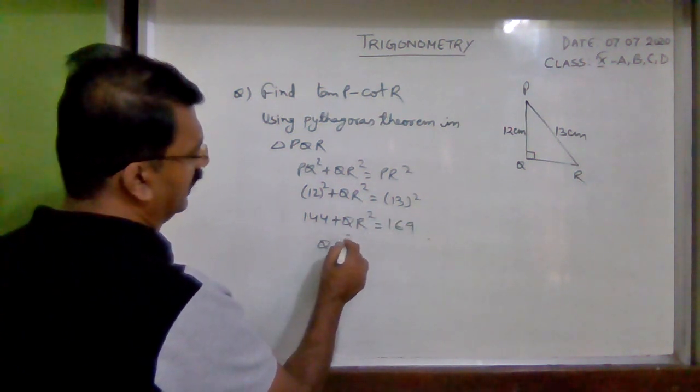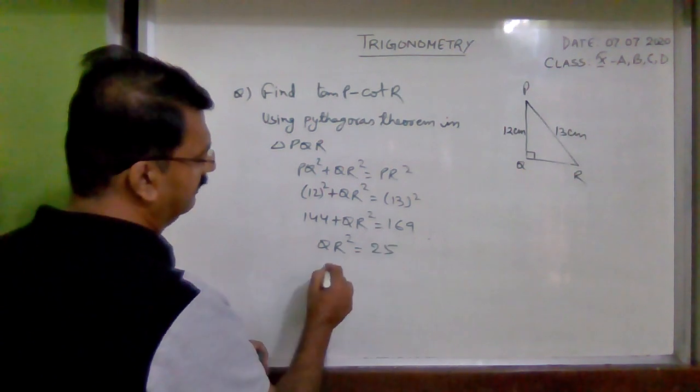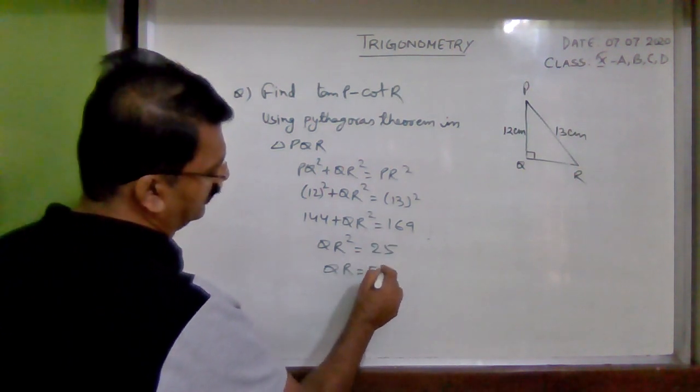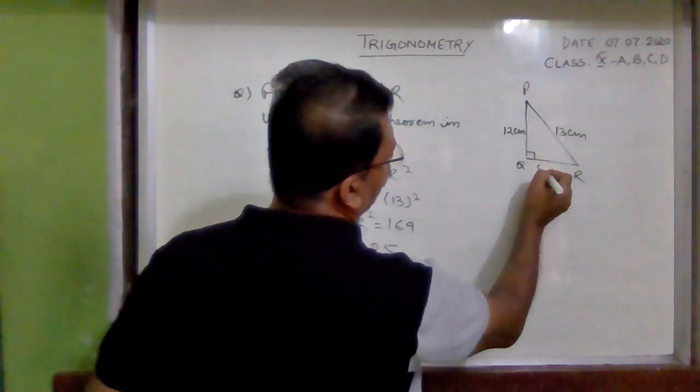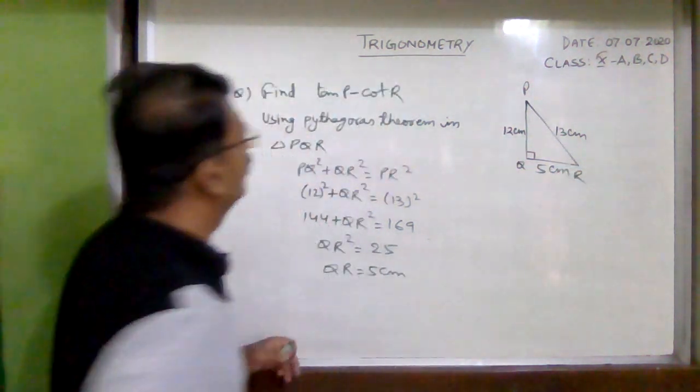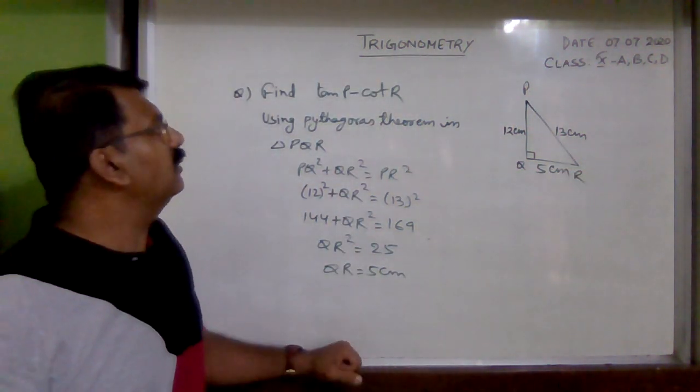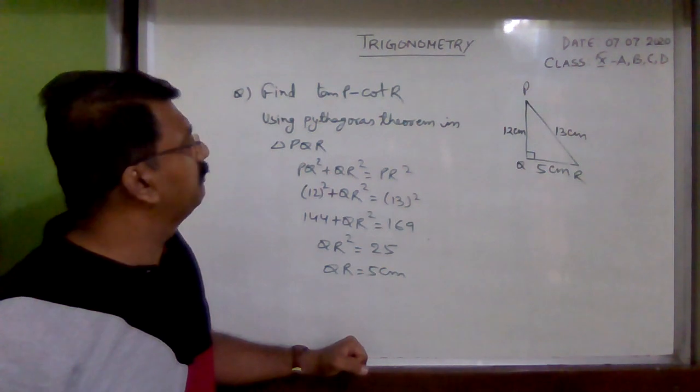So QR² will be equal to 25. That gives you QR = 5 centimeter. So we have found QR is equal to 5 centimeter. Now we have to find tan P and cot R.